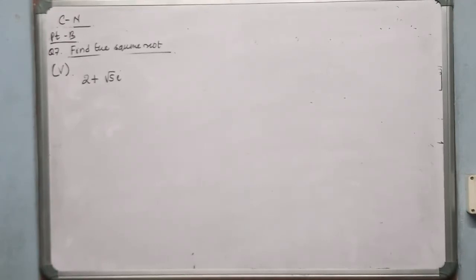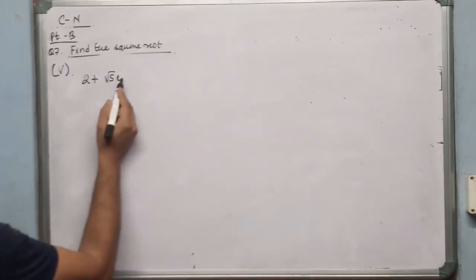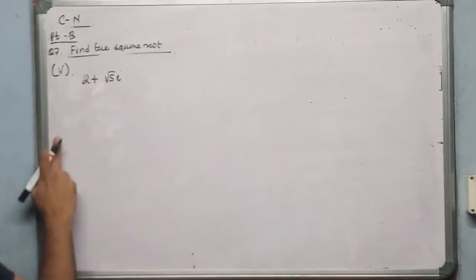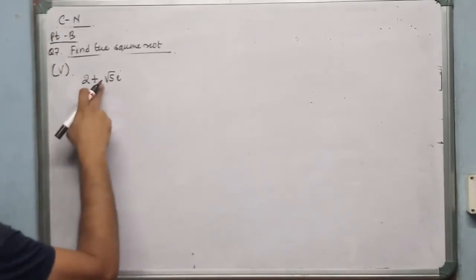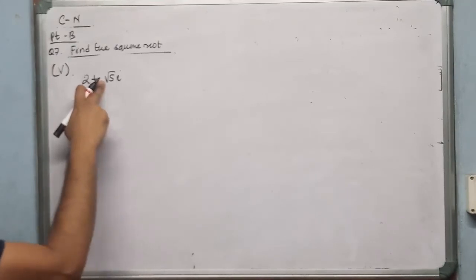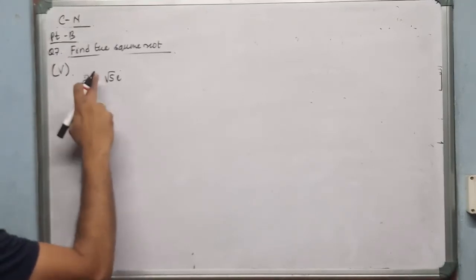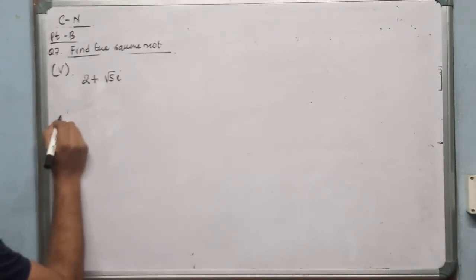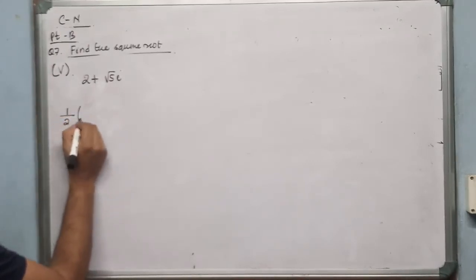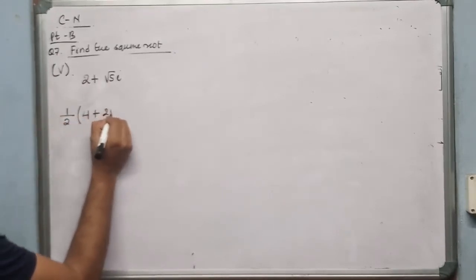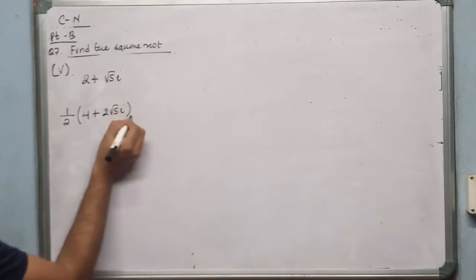Now this one is a little bit different kind of question. Let's see over here: 2 plus root 5i. We don't have an even number over here. If it is not an even number, what you have to do next is multiply and divide by 2 to convert these things in terms of the formula. 4 plus 2 root 5i.